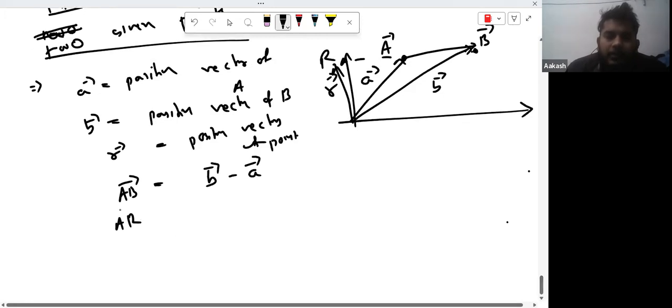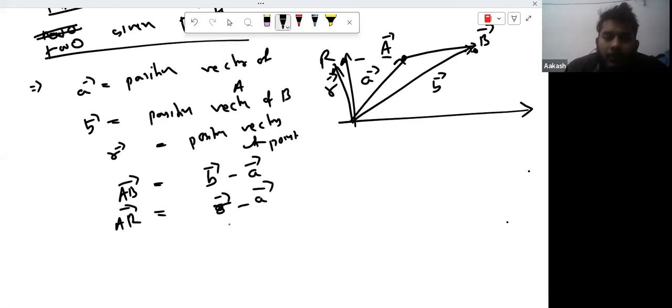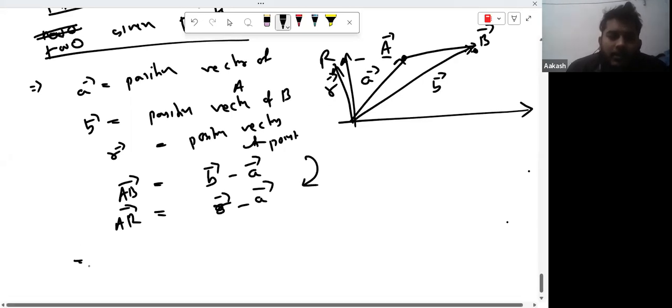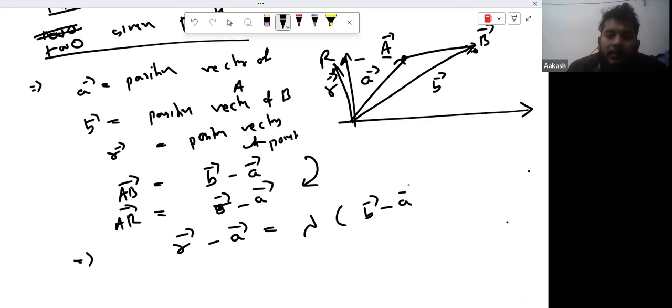And AR vector is R vector minus A vector. And now we can say both are collinear, right? Because they are the same vectors. So we can say they are collinear. So R vector minus A vector is equal to lambda times B vector minus A vector.